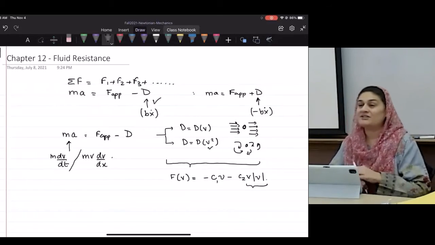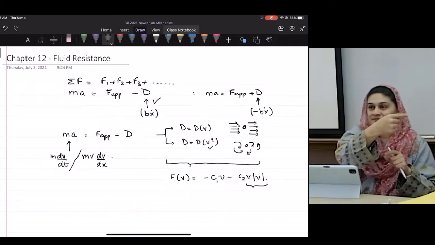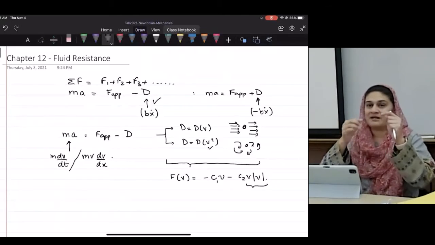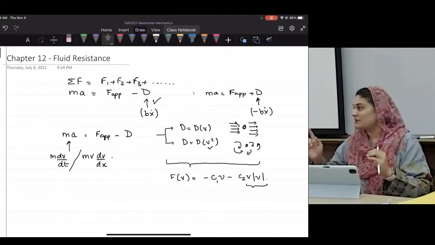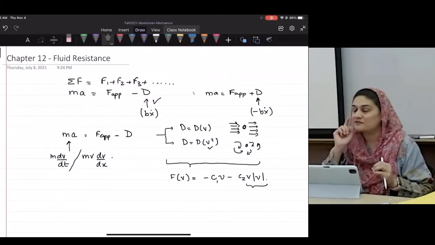So the drag acts whether you're going in the plus x or the minus x, right? If you're going in the minus x, there will be a minus, and then the total will become a plus. So you want to make sure that there is a minus, which is independent of the direction of the velocity.